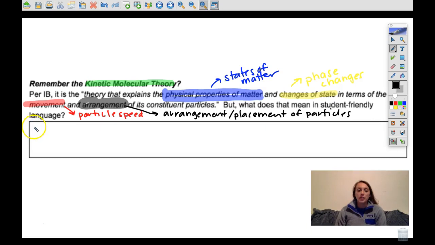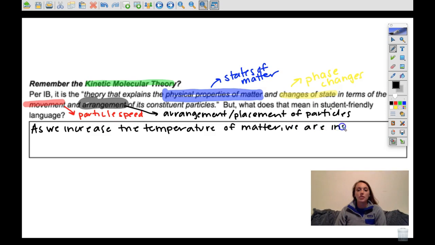But how we can word it is as we increase the temperature of a piece of matter, we are increasing the energy of the particles, causing the particles to move faster.